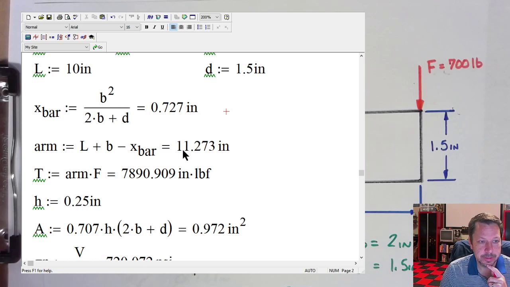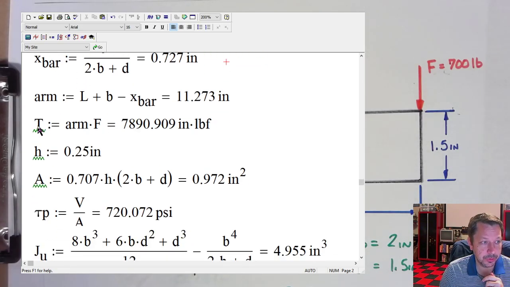So it turns out that distance is 11.273 inches. The torque, or M, whichever letter you want to use, that I need to apply at the weld group centroid to recreate the rotational effect is the force, 700 pounds, times that moment arm, so 7,891 inch-pounds.